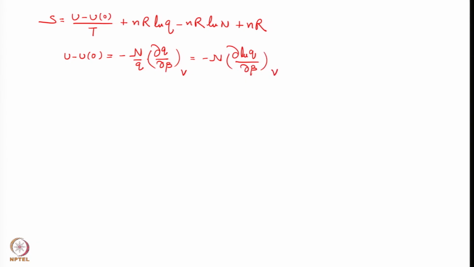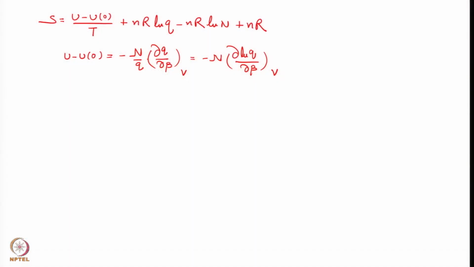Now, sometimes it becomes easier if you differentiate with respect to temperature than when you differentiate with respect to beta. Beta is equal to 1 by kT. So, therefore, the derivative can be done with respect to temperature, or it can be with respect to beta. Now, you consider d by dT, I can write as d beta by dT into d by d beta. Mathematically that is allowed.